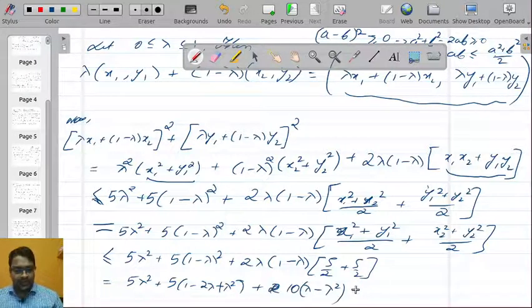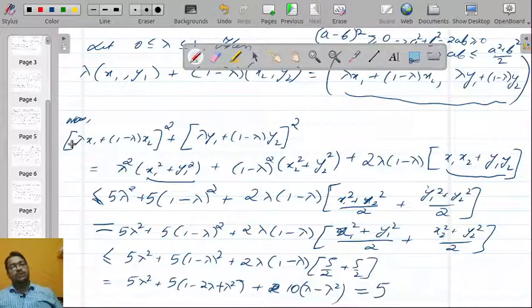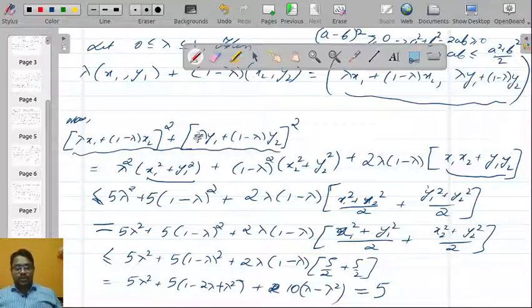If you see nicely, 5 lambda square plus 5 lambda square is 10 lambda square, it cancels out with the minus 10 lambda square. 5 into minus 2 lambda is minus 10 lambda, that cancels out with 10 lambda. So ultimately you are left with 5 only. So what I have shown is that x coordinate square plus y coordinate square is less than or equal to 5, which means this is a point inside the circular disc.